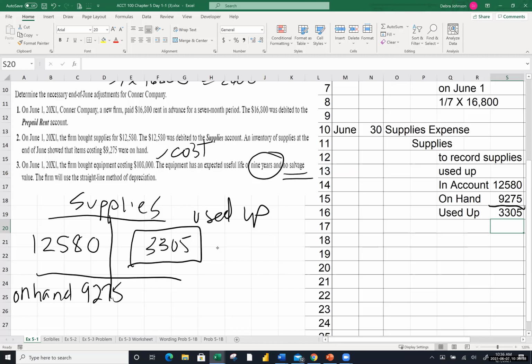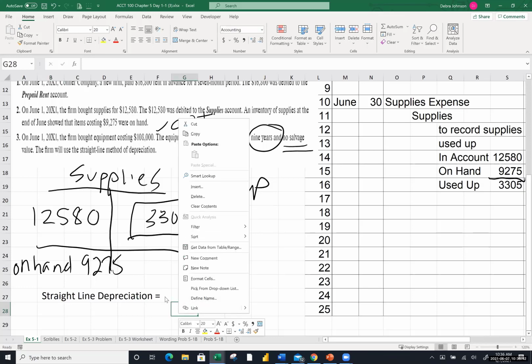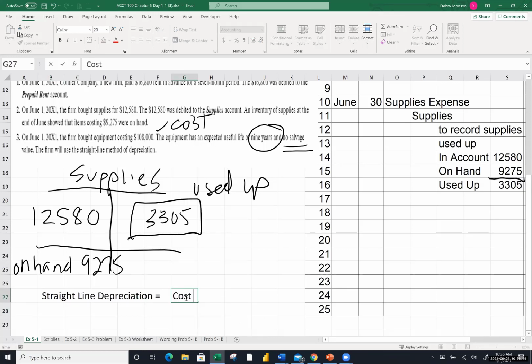And so to record the usage of an asset, we learned that we use this method called straight line depreciation. It is the easiest out of the 20 or so methods that exist. We learned the formula looks like this: cost minus salvage value divided by the life.